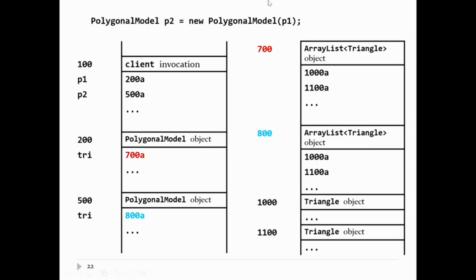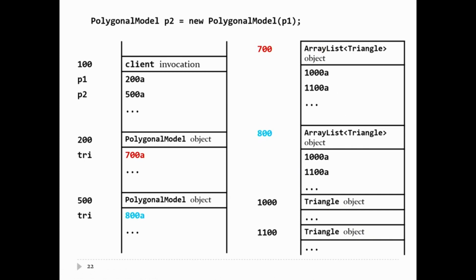All right, so our picture now changes slightly. With our second version of the copy constructor, if I copy P1, I still end up with two polygonal models. But the lists inside each polygonal model are now different list objects. So I have the first list here, and the second list here.